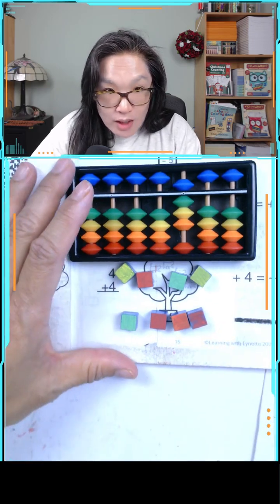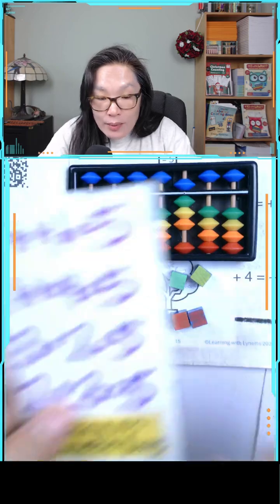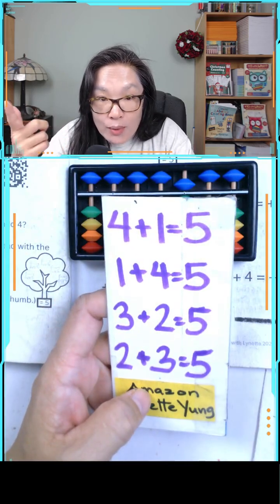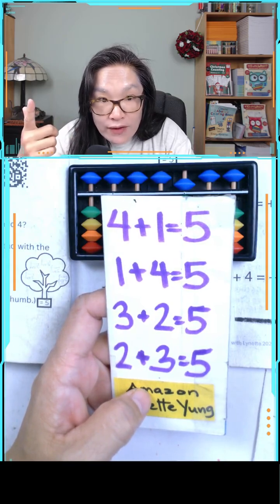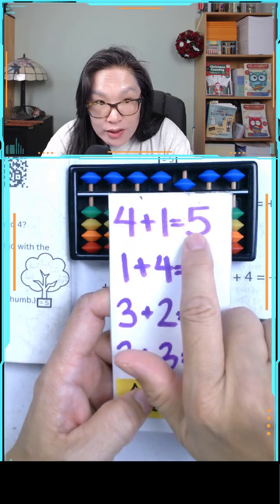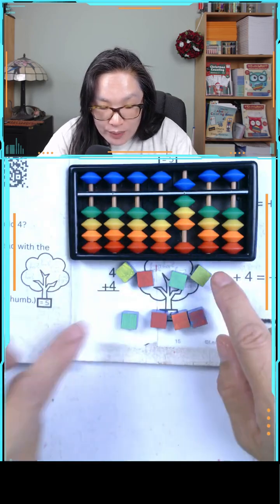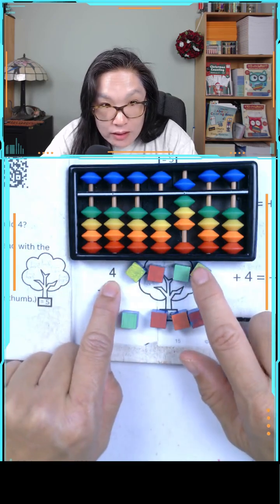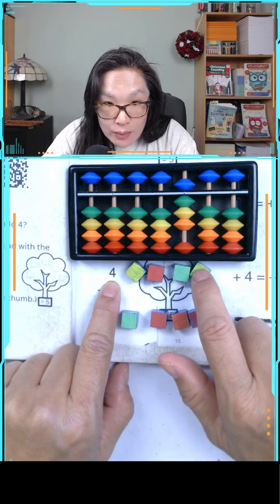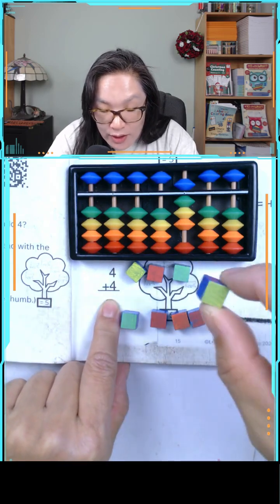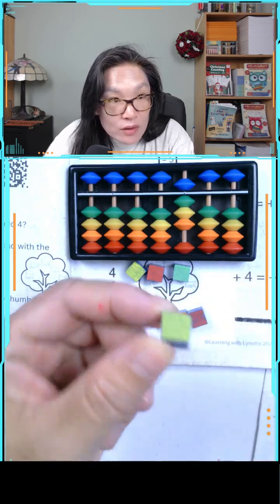You're just counting up. But in Abacus, we don't count up. In Abacus, we use concepts. The concept of how to make a 5. We want to round up to 5, right? To round up to 5, I need to add the 1. We got to get the 1 from somewhere. So you got to get the 1 from the top bead, and then you add it to the bottom number. So we have to subtract, we have to take away, we have to give this away.